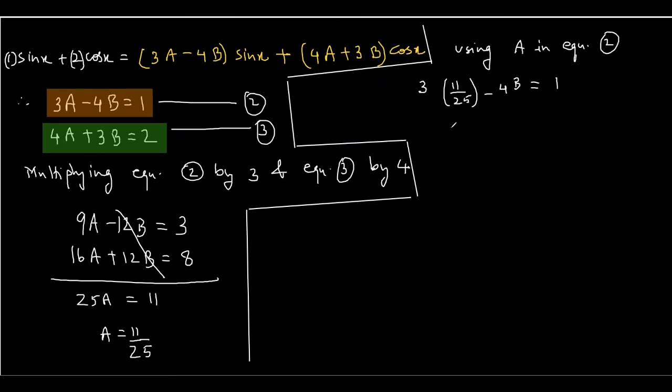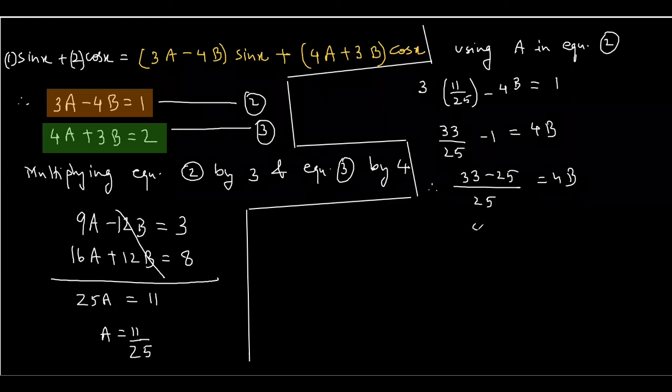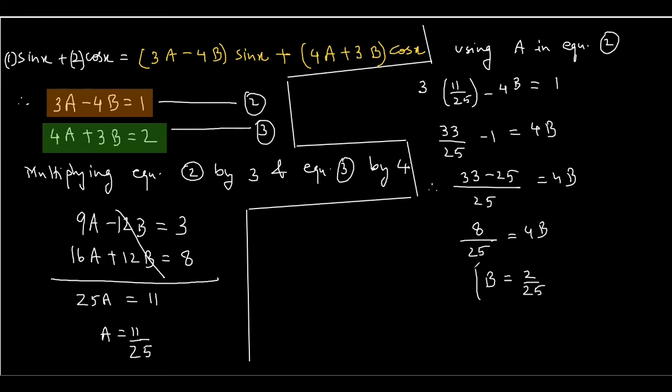So you have 33 upon 25 minus 1 equals 4B. I take 4B on the left so that it becomes positive. So this becomes, 25 is the LCM, 33 minus 25 equals 4B. This is 8 upon 25 equals 4B, and B equals 2 upon 25. Okay. And here A is 11 upon 25.